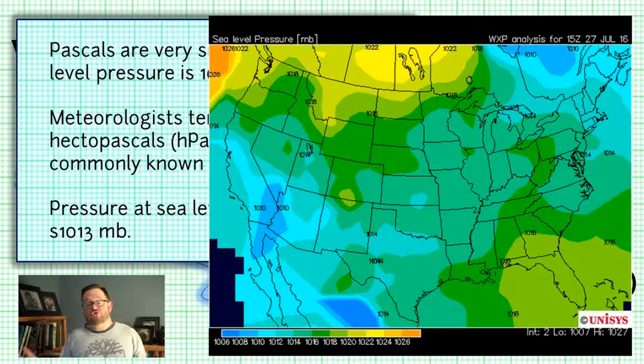So if you just use your favorite weather website, and I hope by now you have your favorite weather website, and bring up a map of, say, sea level pressure right now. Here's a map of the pressure all over the United States at this particular time. If you look at the key, you can see that there are areas of high pressure in, say, Canada, in Manitoba and Saskatchewan and so on, where the pressure is something like 1,022, 1,024 millibars.